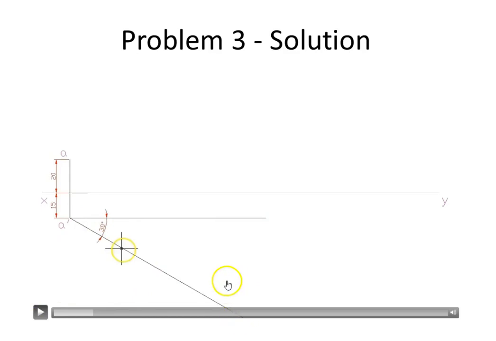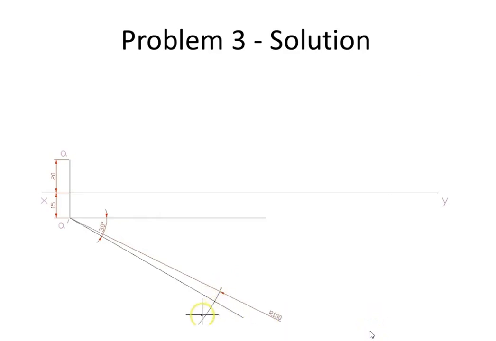So we are able to locate this particular point here. And now join the 2 points. So A dash B dash is drawn, which is a front view when it is parallel to VP.